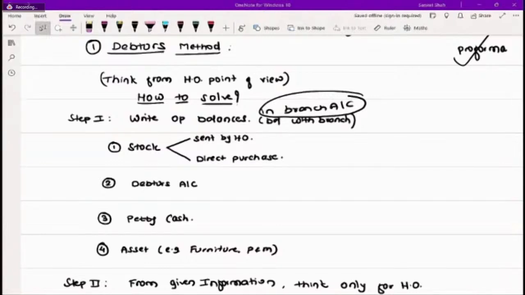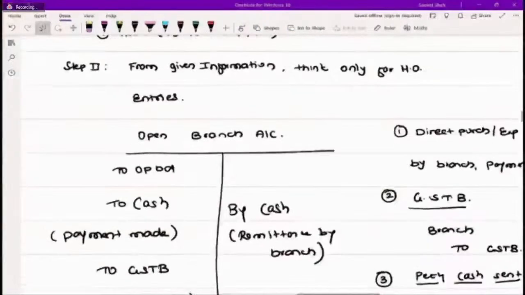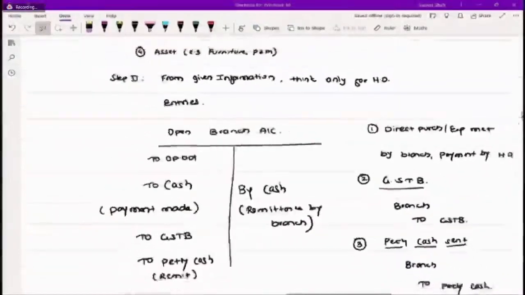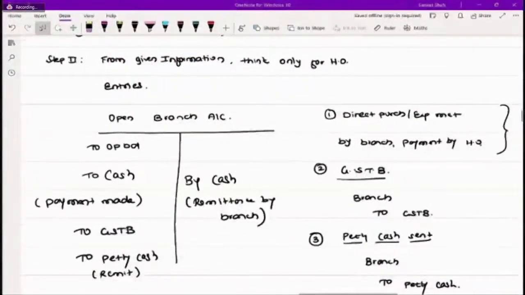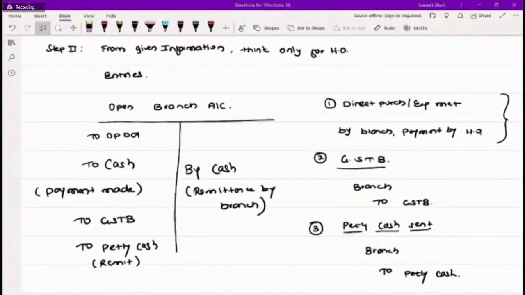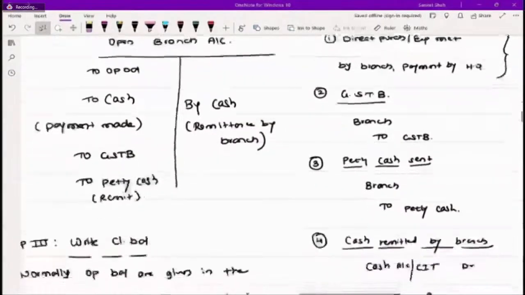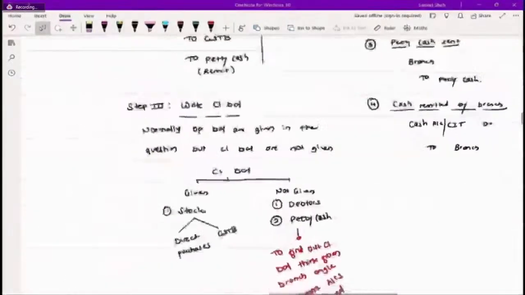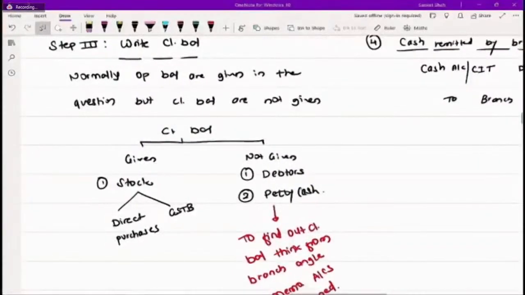Yes, step 1, step 2, step 3, memorandum accounts.